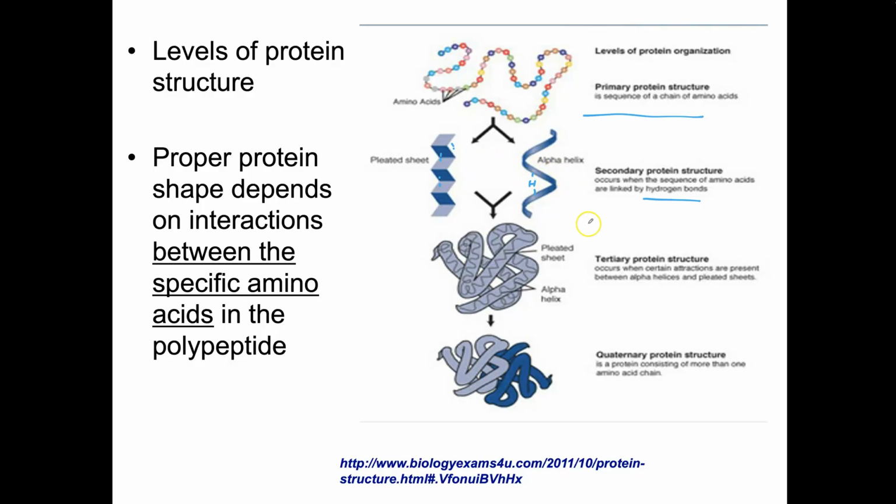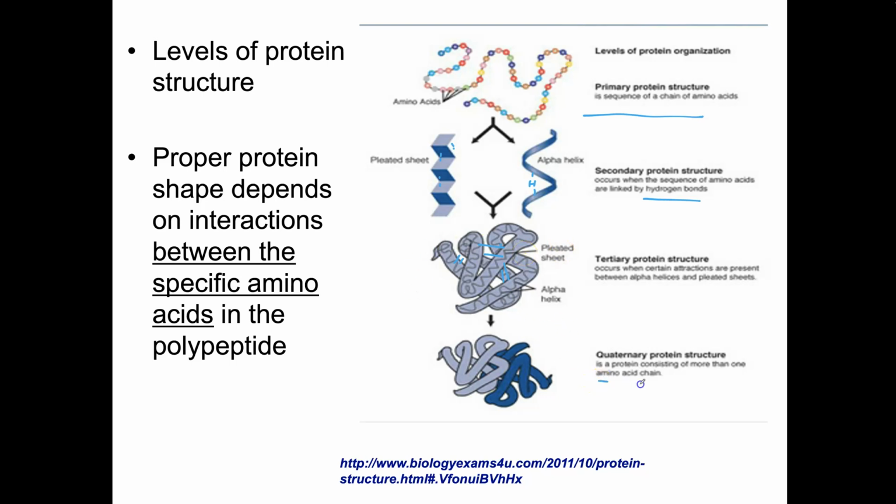But secondary structure isn't all there is either, because then these helical regions and the pleated sheets and so on will fold up into the tertiary protein structure. And so when there are interactions between these different regions, ionic bonds, hydrogen bonds, and other kinds of bonds, they fold the protein up in the correct structure.